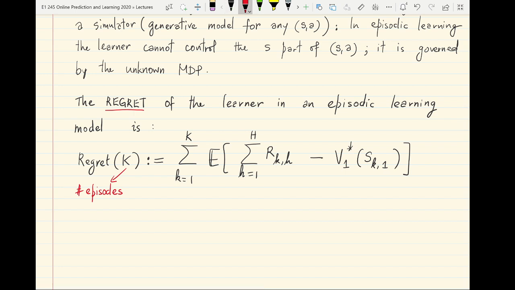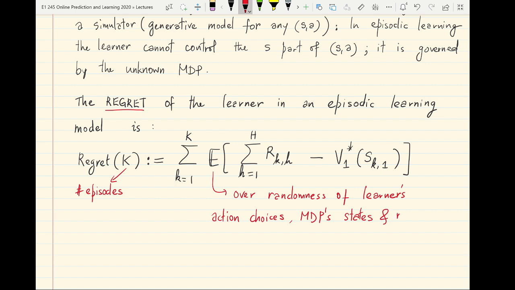Just to be clear, this expectation is over the randomness of the learner's action choices and the MDP's state transitions, states and rewards.